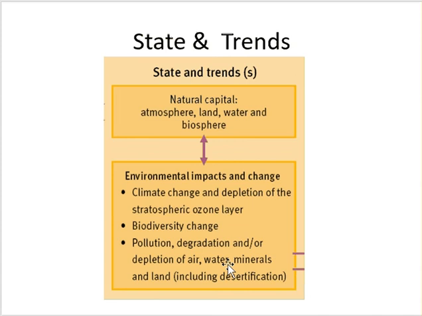Those are trends which are problematic for the state of our natural capital. Okay? And we need to understand them, and for any particular environmental issue, which one of these environmental impacts is causing that trend. Okay? And what is the overall state of our environment, I guess.